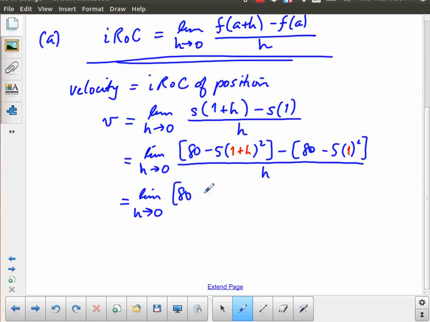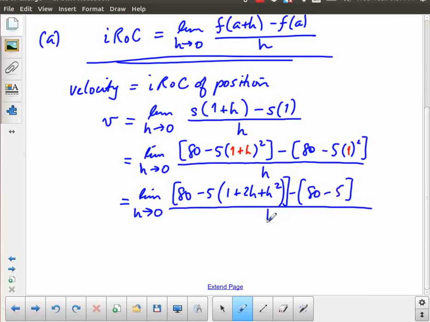So that is 80 minus 5, and then 1 plus h all squared is simply 1 plus 2h plus h squared, minus, and then in the other, sorry, I need another square bracket there, and in the other bracket, this is just going to be 80 minus 5 times 1 squared, which is just 80 minus 5, all divided by h.